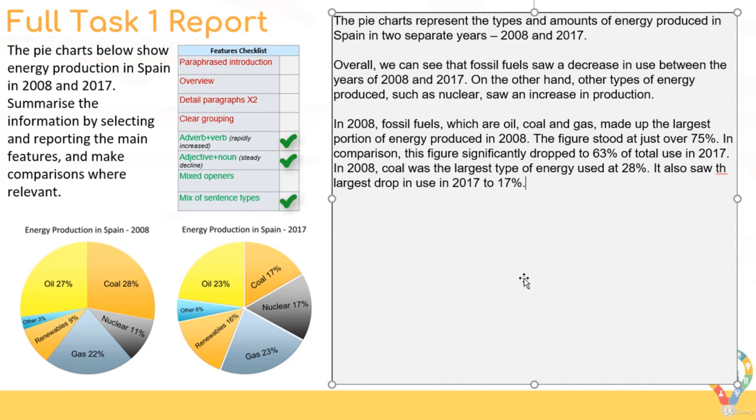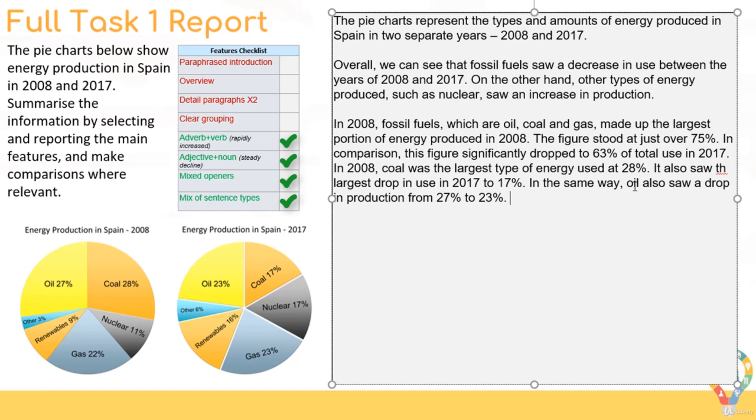We can now probably describe oil, as that also saw a decrease. Gas actually went up 1%, so we'll describe that last. But let's move on to oil. So oil fell from 27 to 23%. In the same way, and I'm using a different kind of opener here to make my report more interesting, oil also saw a drop in production from 27% to 23%.